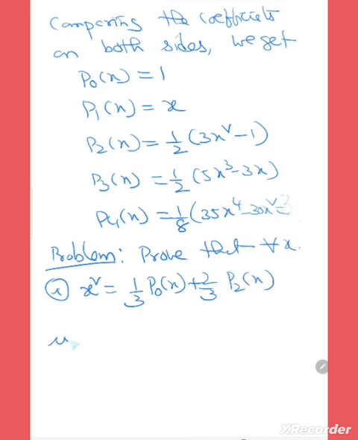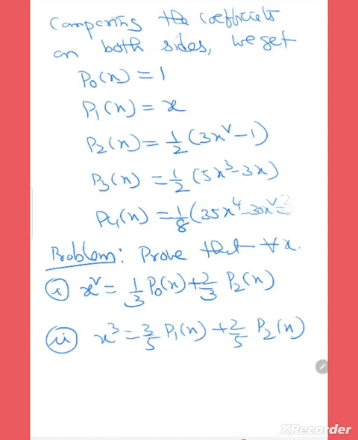And second one, x cube is equal to 3/5 into p1 of x plus 2/5 into p3 of x. So we already know the values of p0 of x and p1 of x. So consider the RHS value and get the LHS value.